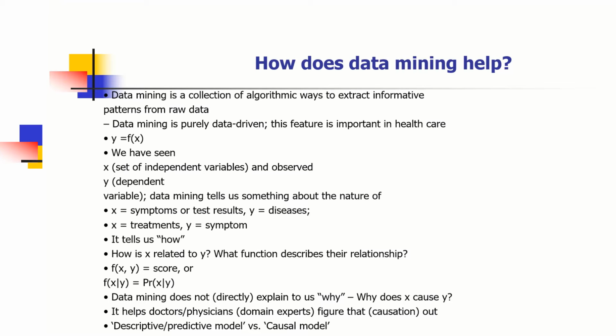This feature is important in healthcare to support a formula between Y and X. Y represents diseases as a dependent variable, but X represents a symptom or test result, a set of independent variables. It tells any formula between X and Y to get knowledge.